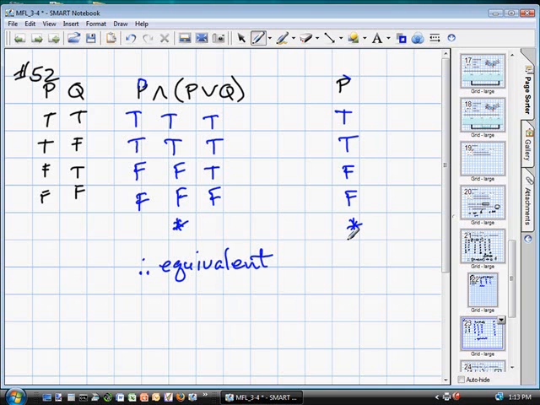This time, I found out they were equivalent. You see how they're both TTFF? And by the way, if they're equivalent, don't bother checking if they imply each other. If they're equivalent, they do imply each other, but you don't have to check it. You can just say they're equivalent.